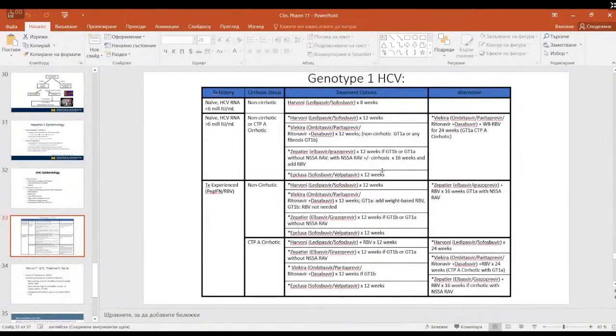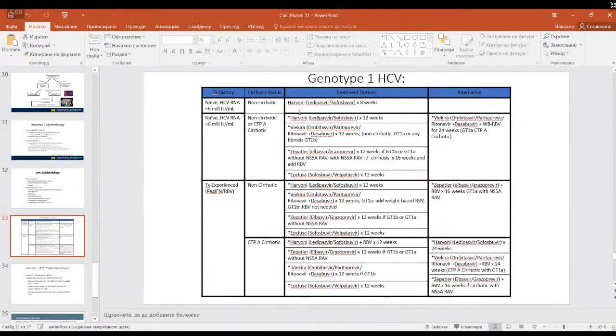What do we do in terms of therapy? Well, we use drug combinations that are non-structural protein inhibitors, and these are usually a combination of ledipasvir and sofosbuvir, for example. And these are the trade names here.